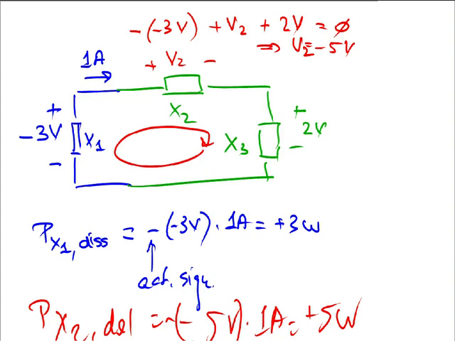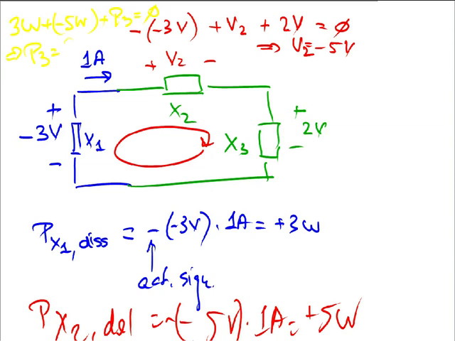Minus 5 watts. And then plus the component X3 dissipates P3, equals 0. So then we can figure out P3, the power that component 3 dissipates, would be equal to 2 watts. All right. So yes, we can do that.